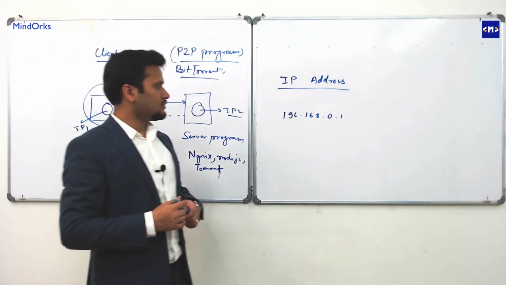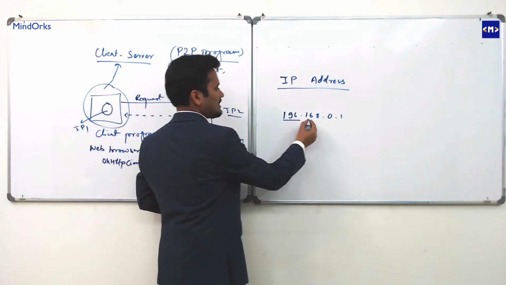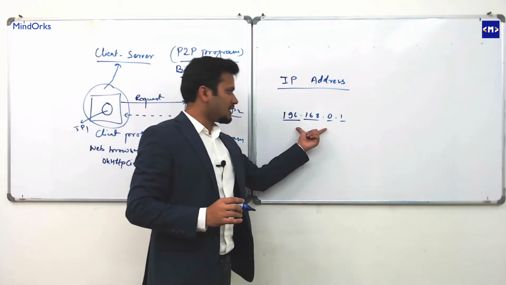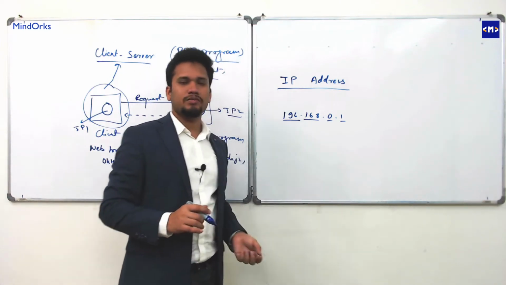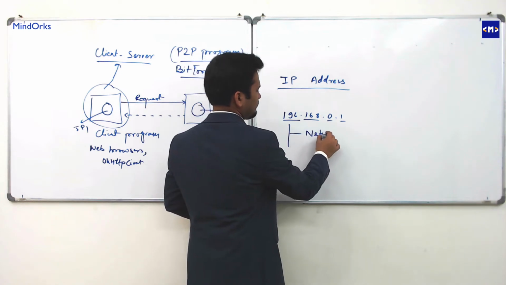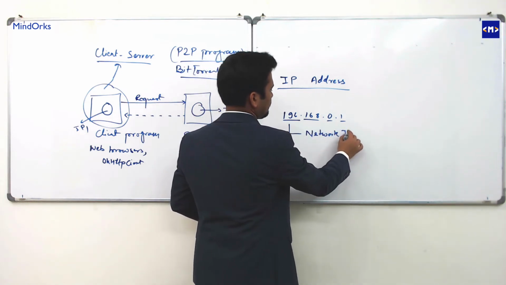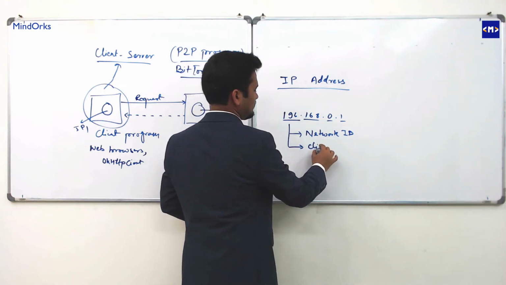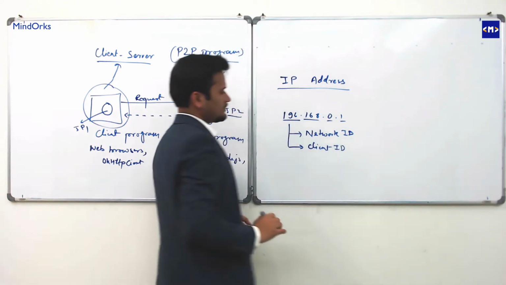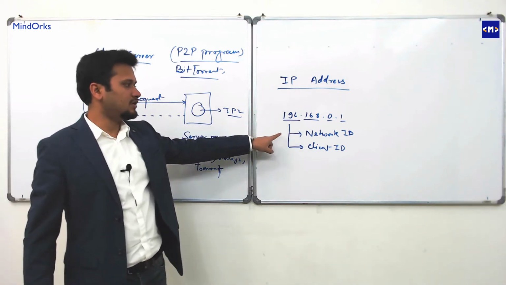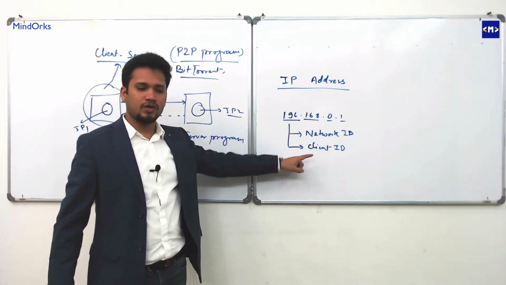This IP address has 4 parts. There are two parts to this. One is the network ID and the other is your host ID or the client ID. So this number has two pieces of information, about your network and about your client.